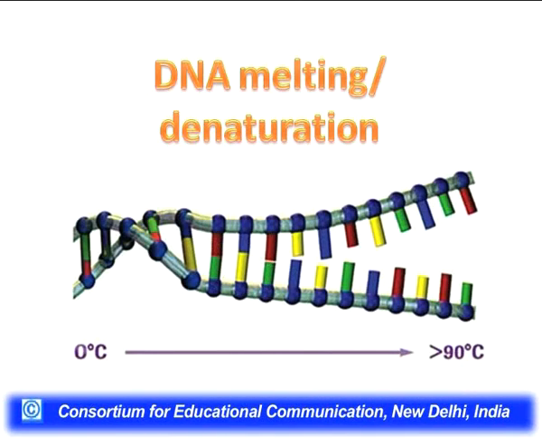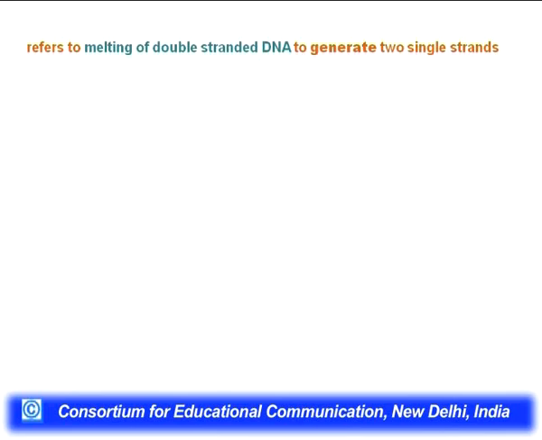The next aspect which I want to talk about today is DNA melting or DNA denaturation. The two strands of the DNA can be melted or denatured due to certain factors. That refers to the melting of the double-stranded DNA to generate two single strands, and this is the property of DNA which is utilized for all the processes that DNA undergoes.